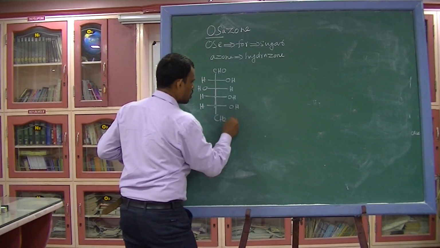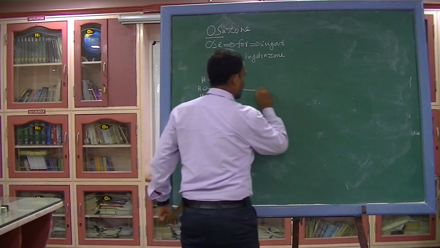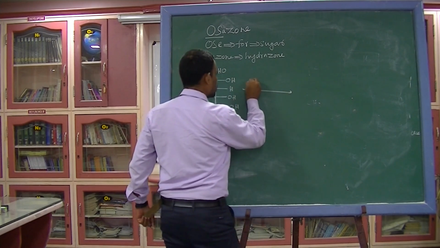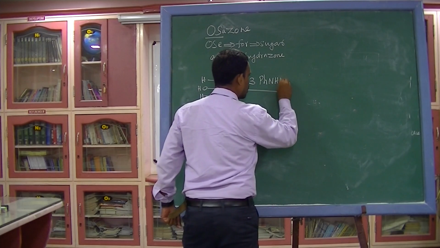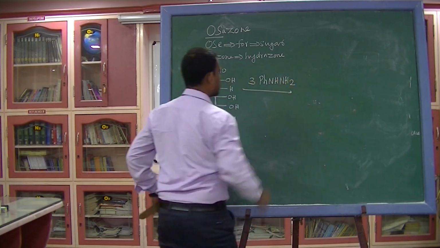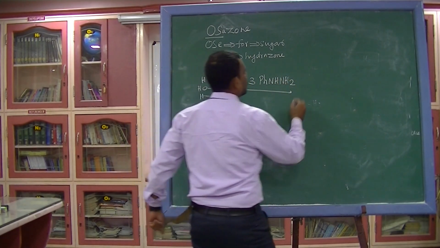D-glucose, if you treat with 3 equivalents of phenylhydrazine, it forms an imine derivative.